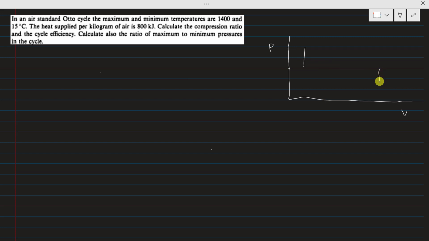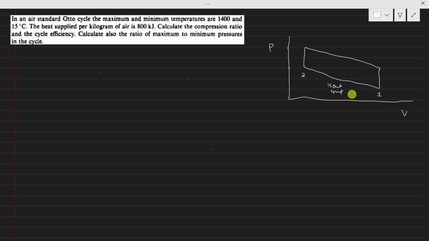Next is the other constant volume process, and this is the isentropic expansion process, and this is the isentropic compression process. Let me explain. If I consider this as state point 1, then 1 to 2 is isentropic compression.